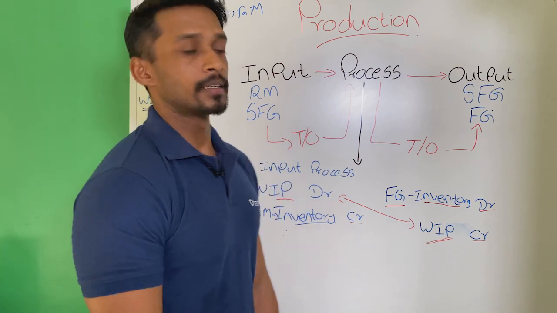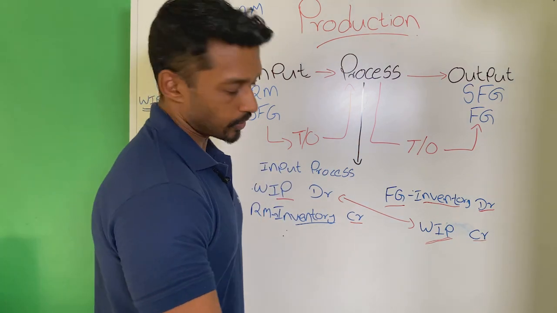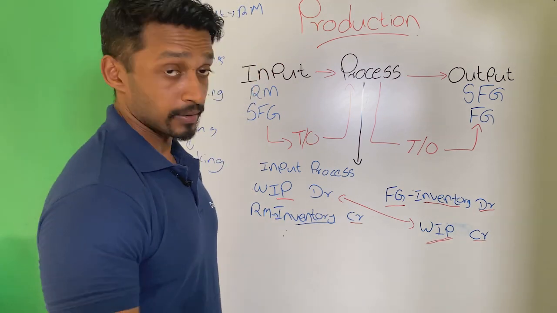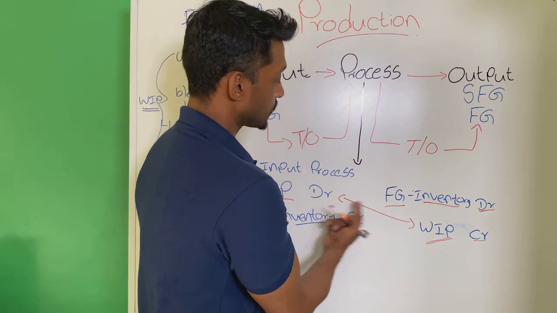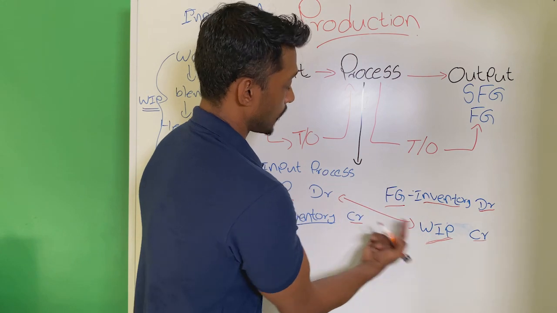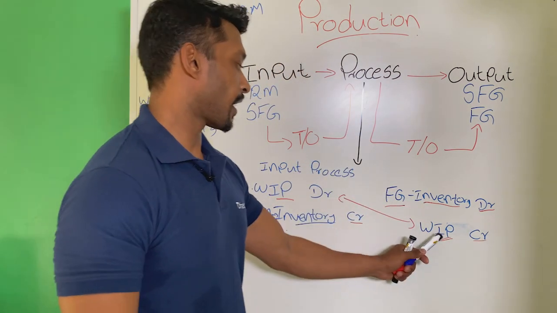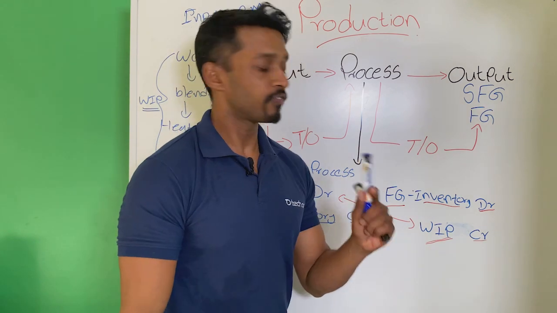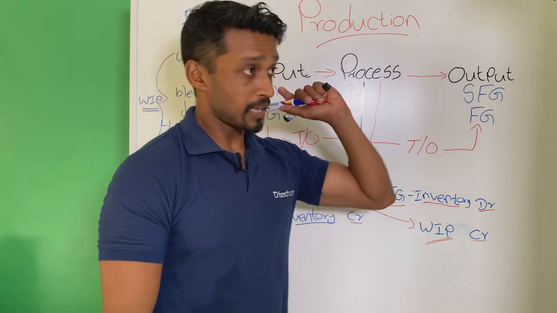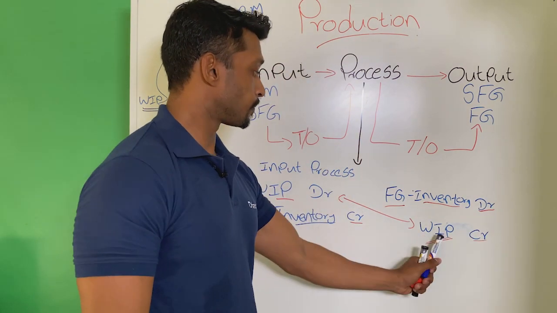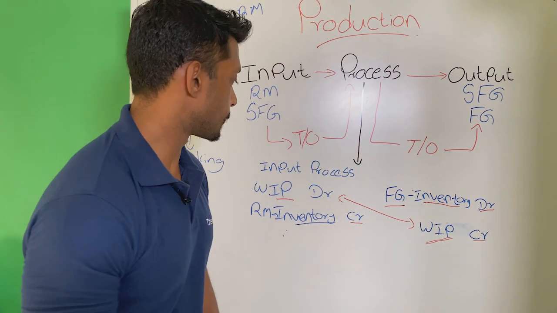This is the basic process. And an important thing: if you have any differences in these WIP accounts, in WIP transactions, you must check what the reason is. If there is any difference, there is a high probability of wrong postings to your GL account.